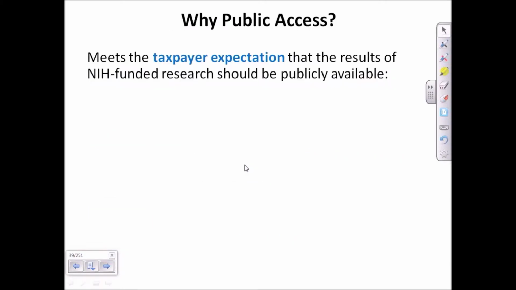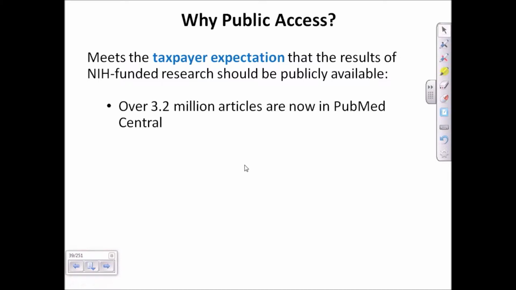Now, one question that people have about this whole topic is why? Why does NIH require public access? Well, the reason is because the taxpayers have an expectation that the research that they're funding through their tax dollars ought to be made available to them. And as I mentioned, there's over 3.2 million articles currently in PubMed Central.